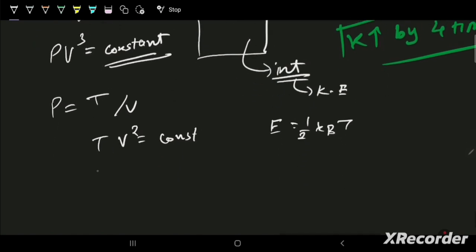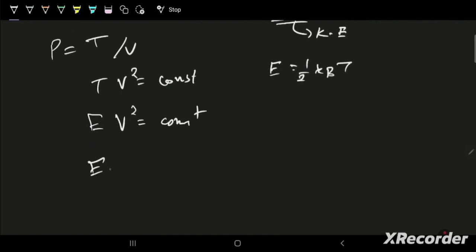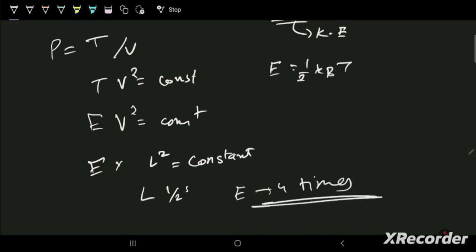So I can say energy times volume square is equal to constant. Here the area is constant, but it's a 1D motion, so I'll write it as area times length square. Area is a constant, just ignore it. So energy times length square will be constant. Now the length halves, so energy becomes 4 times.